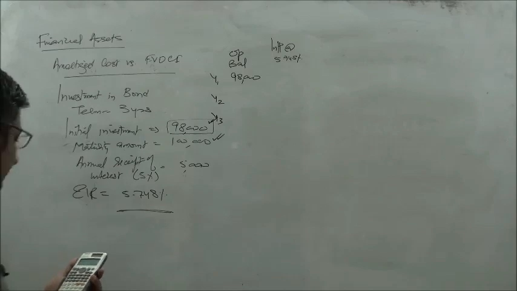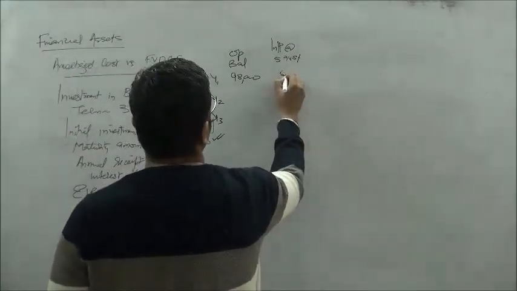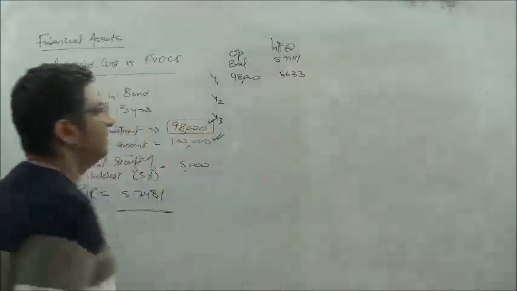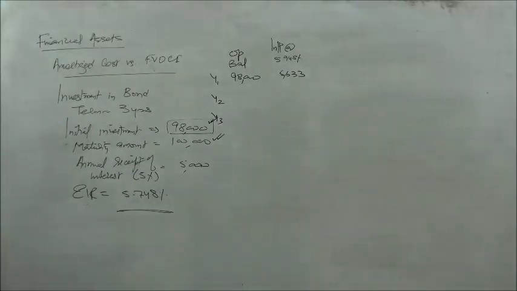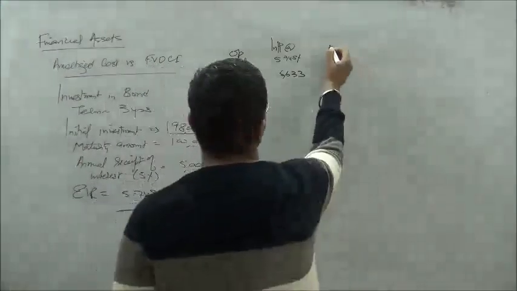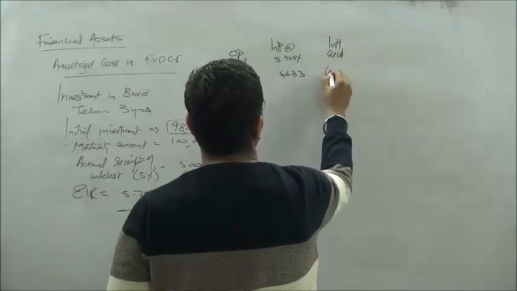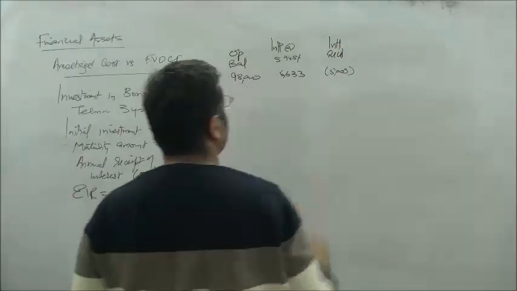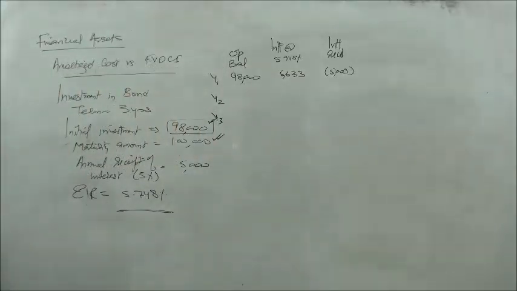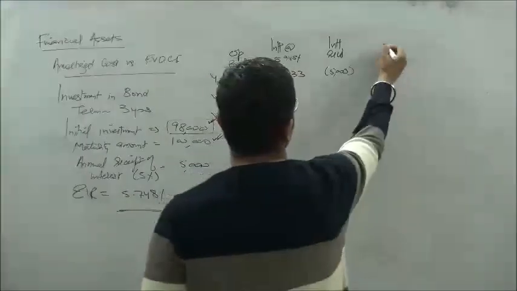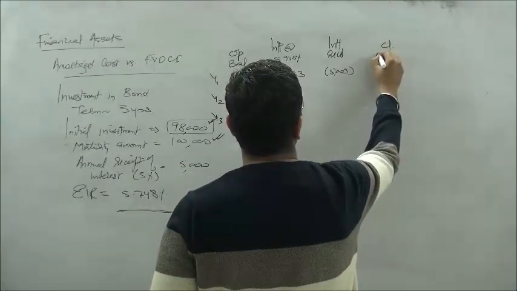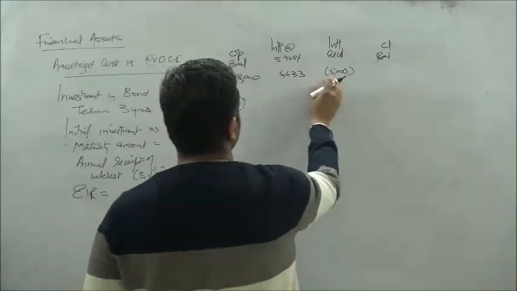This comes at 5633. Okay, minus the cash flows received, which is of course 5,000 here, right? So essentially we are saying my closing balance has to be this plus this minus this.